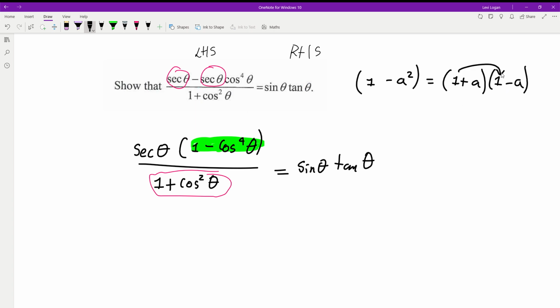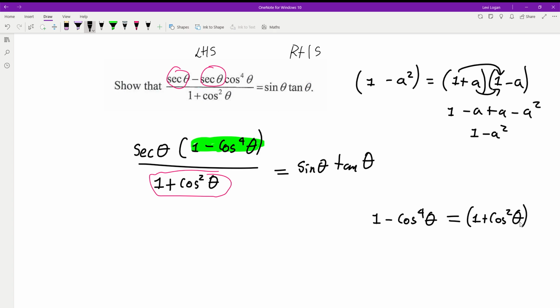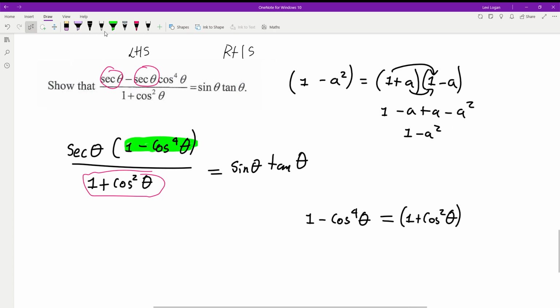Because if you were to multiply that out, you get 1 minus a plus a minus a squared. So you get 1 minus a squared. So in this scenario, when we have 1 minus cos to the power of 4, what we technically have is 1 plus cos squared multiplied by 1 minus cos squared.